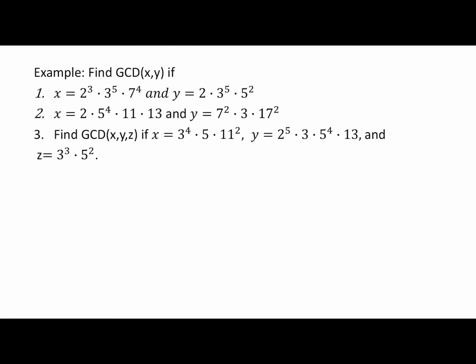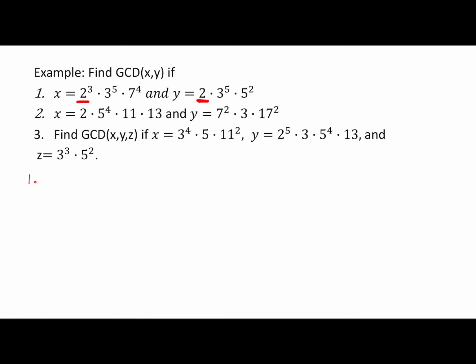Let's look at some more examples. Let's find the GCD of x and y if x and y are as given in these problems. So here I've already given you the prime factorizations. So x is 2 cubed times 3 to the 5th times 7 to the 4th, and y is 2 times 3 to the 5th times 5 squared in part 1. So I'm going to look at those prime factorizations and identify any common primes.